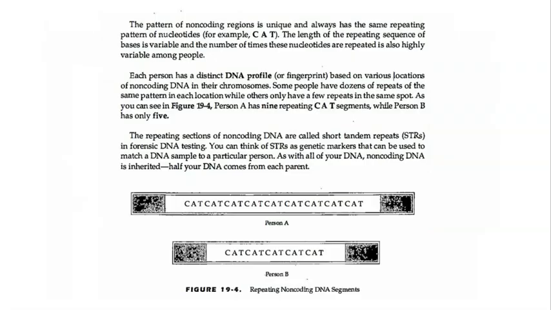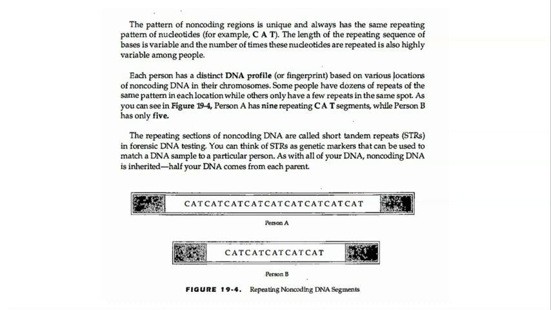Non-coding regions often have repeating patterns of nucleotides, which are called short tandem repeats, or STRs, and each person has a different number of repeats within a specific region of their DNA. Some people have dozens of repeats.